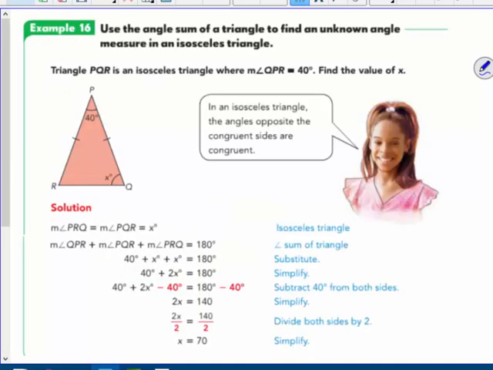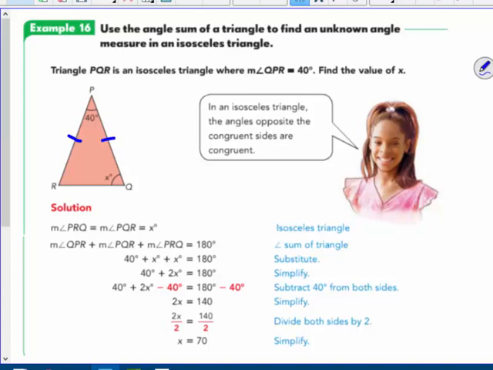Next page. Using the angle sum of a triangle to find an unknown angle measure in an isosceles triangle. An isosceles triangle has at least two sides that are congruent. You can see these little tick marks means that they are the same measure.